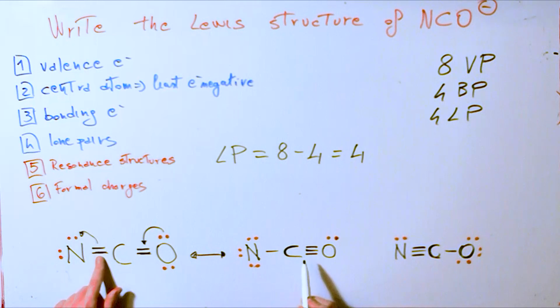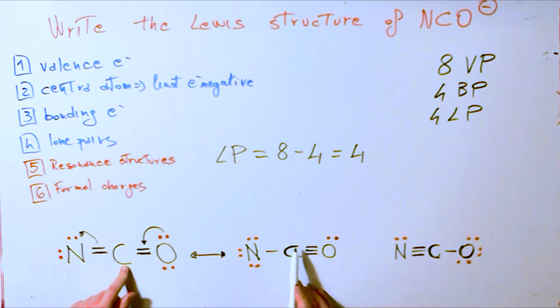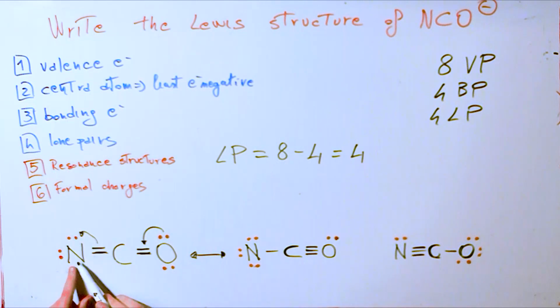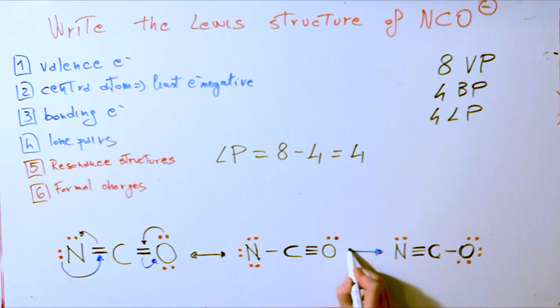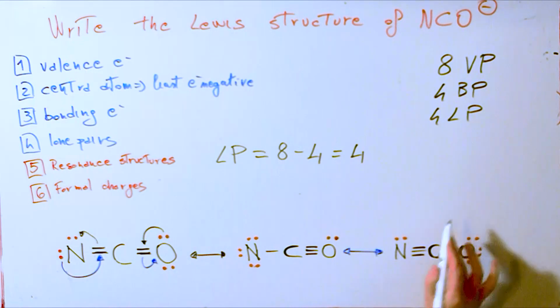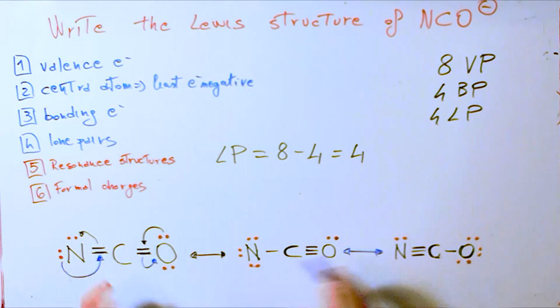This means that this double bond cannot stay here, because now carbon has 1 more bond with oxygen, and so this will shift onto the nitrogen, giving this. On the other hand, if I move this lone pair here, this has to shift here, and I will gain this structure. So the relationship between these 3 structures is that they are resonance structures.